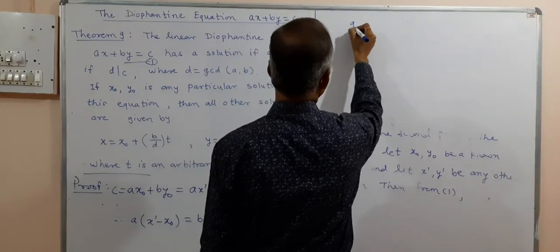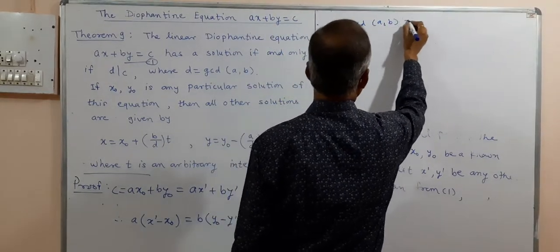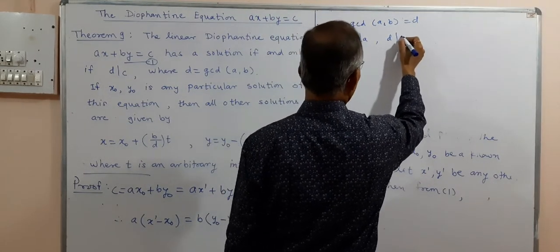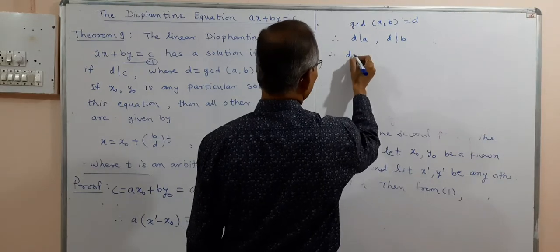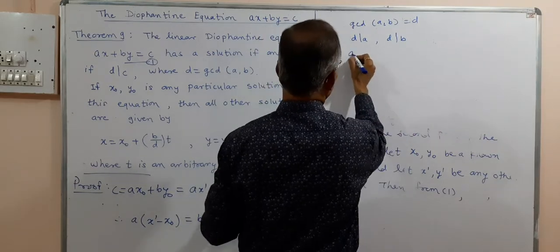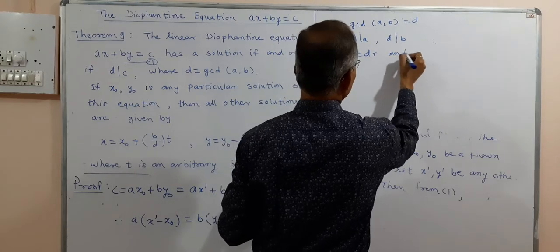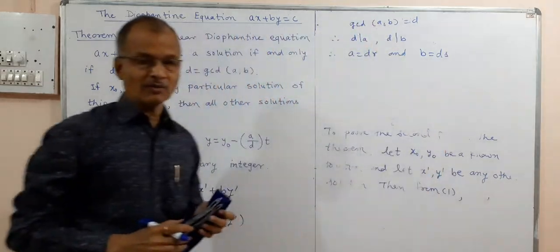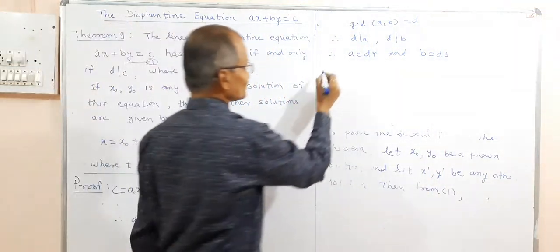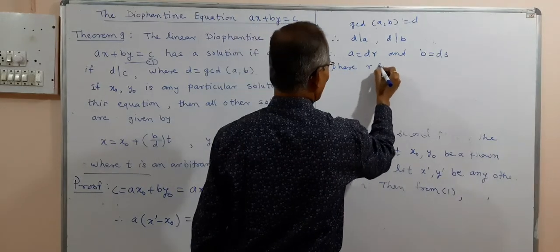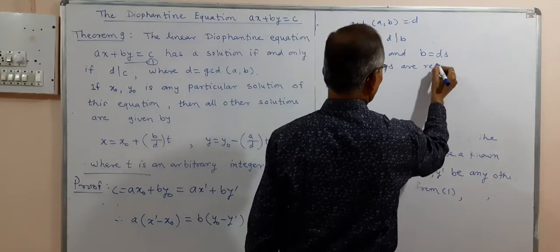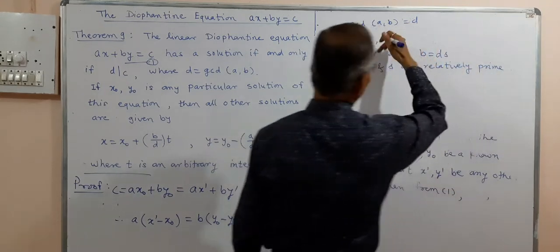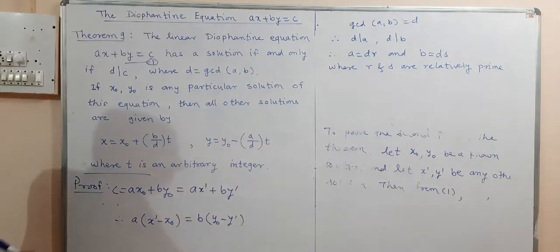GCD of a and b is d, and therefore d divides a, d divides b, and therefore a is equal to dr and b is equal to ds for some relatively prime integers r and s. R and s are relatively prime. So this part we have written earlier, these equations we have written earlier, and we may refer to that as 2.